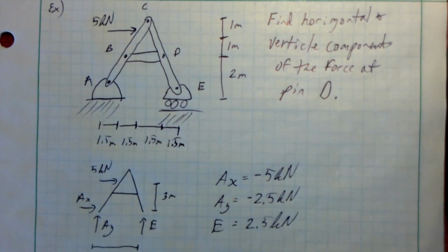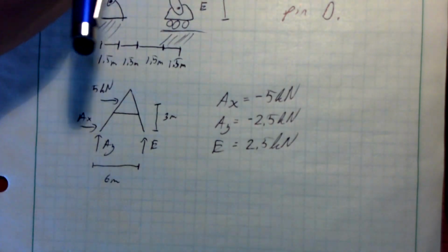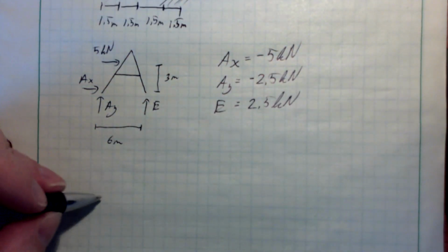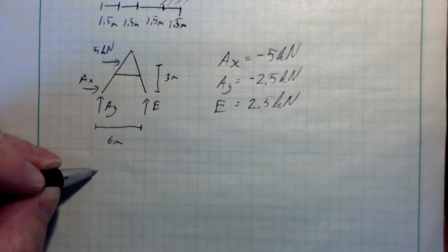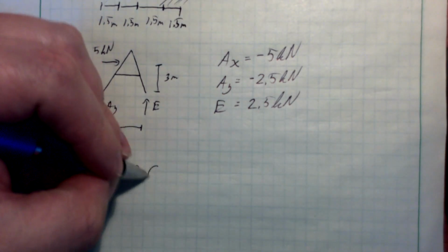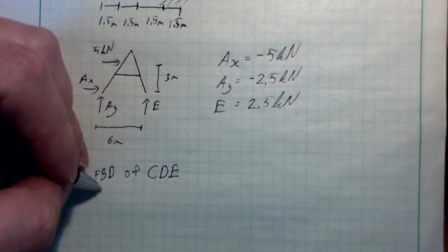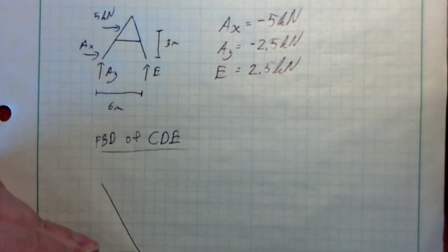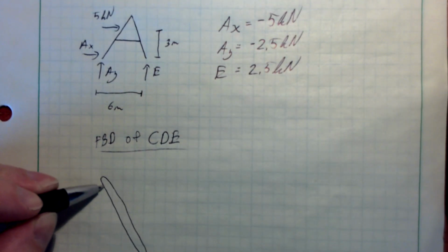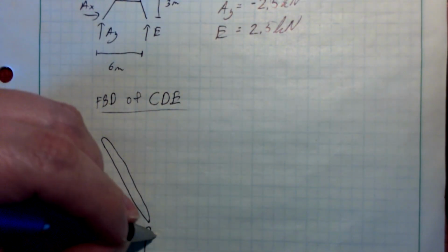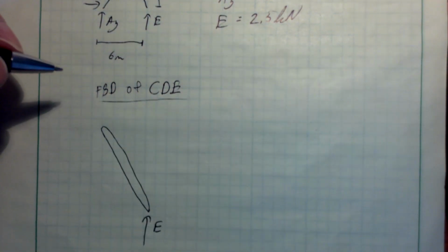Okay, so if I draw a free body diagram now of CDE, I'm going to draw E here.